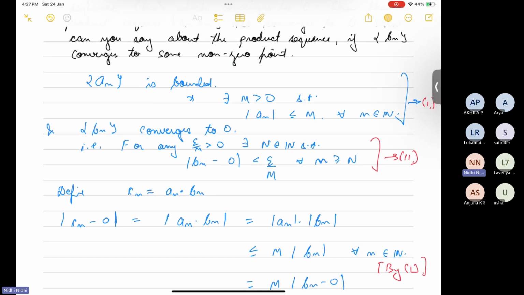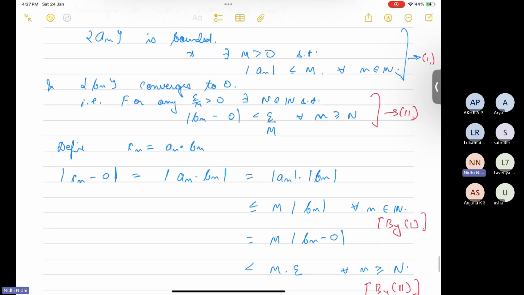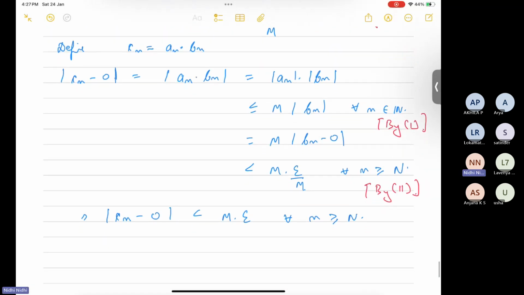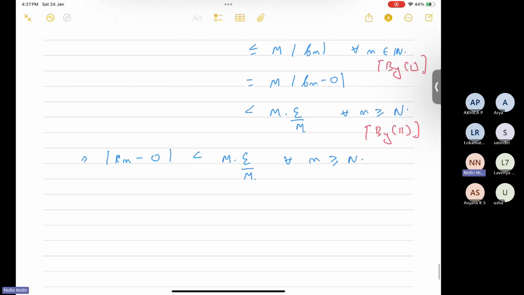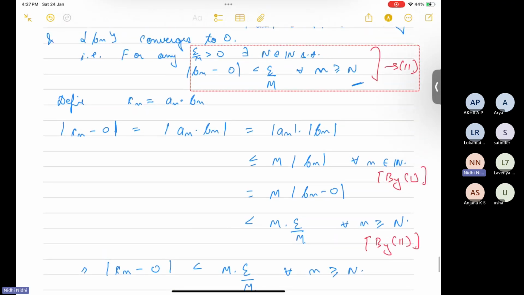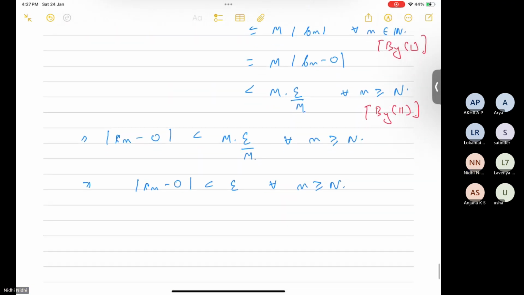Now this will give us epsilon by m over here and epsilon by m over here. This gives us mod Cn minus 0 is less than epsilon for all n greater than or equal to capital N. Now this stage is the same as this stage. This gives us the limit as n tends to infinity of Cn is 0.